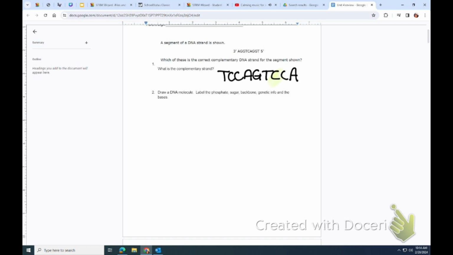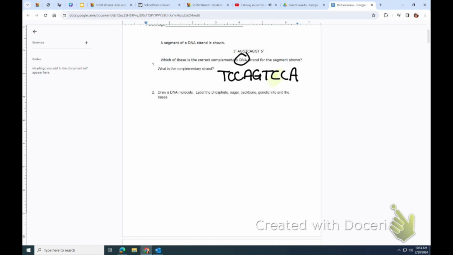That's T, C, C, A, G, T, C, C, A. And that's our apples and trees and cars and garage. It tells us here it's DNA, so I'm going to use the T's and not the U. If that said RNA, then I'd have uracil, right?